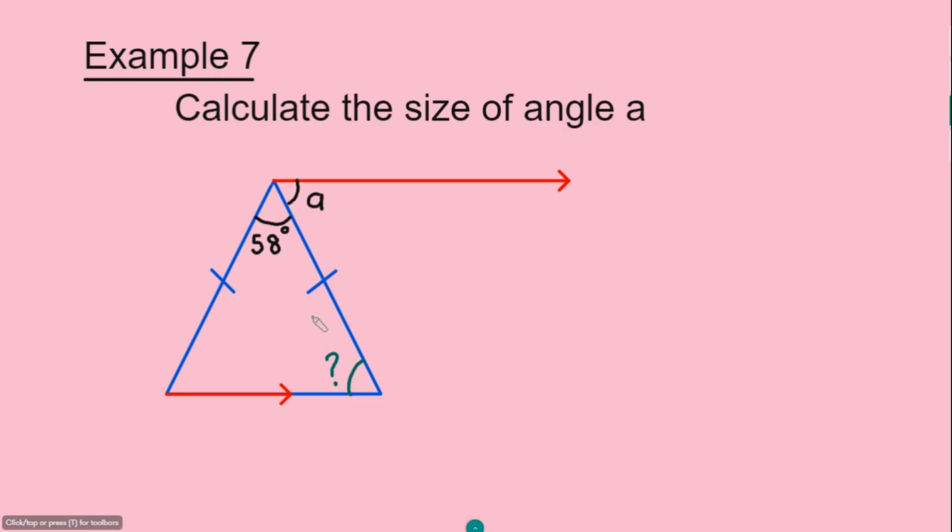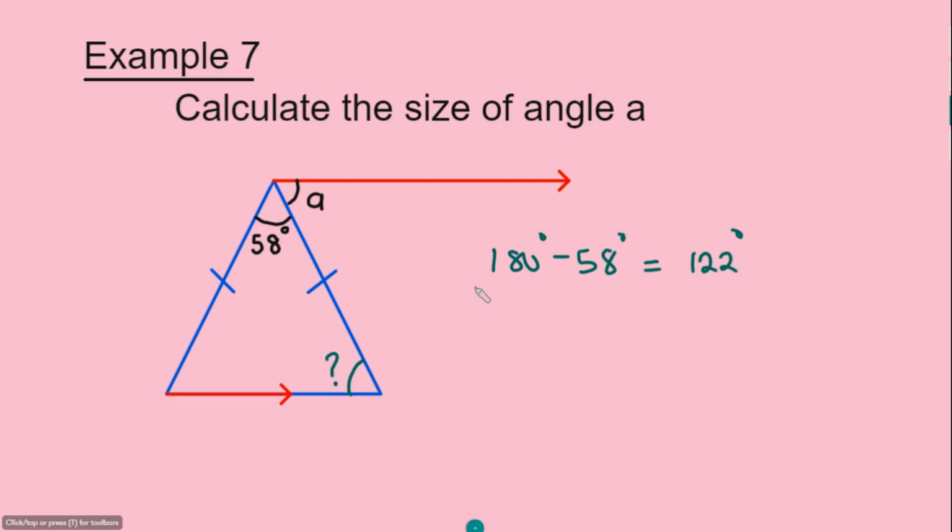Now, this is an isosceles triangle because I have the two legs marked. One of the ways to find these base angles, because definitely they will be the same, is to subtract this 58 from 180. 180 take away 58 will give you 122 degrees.